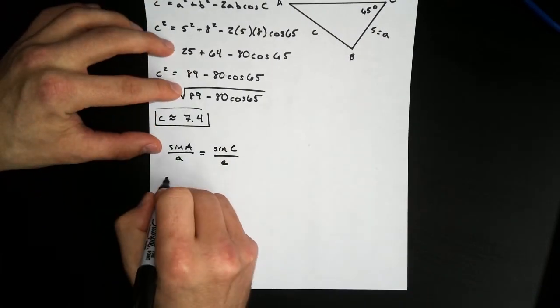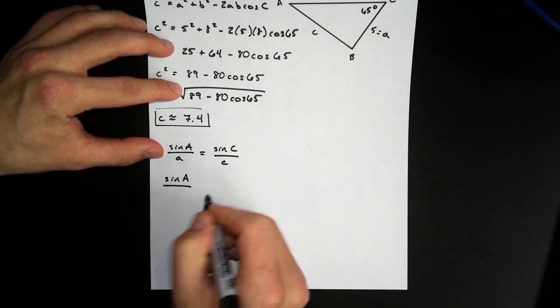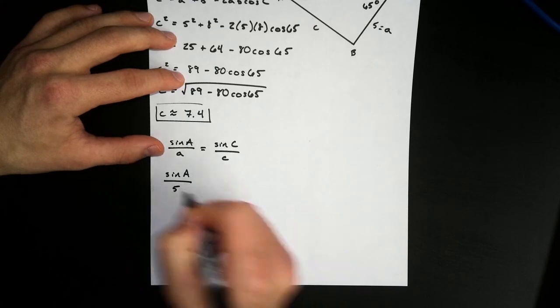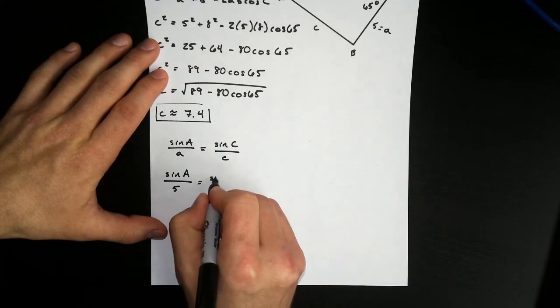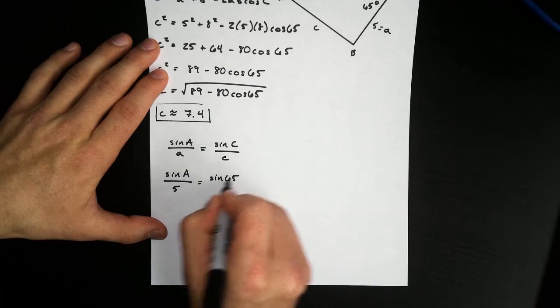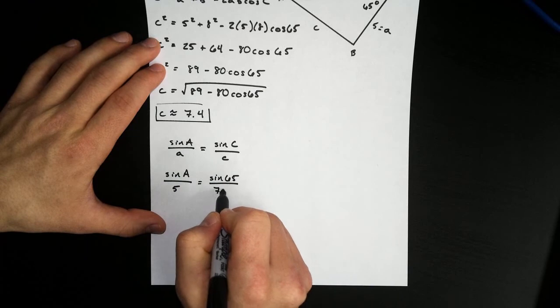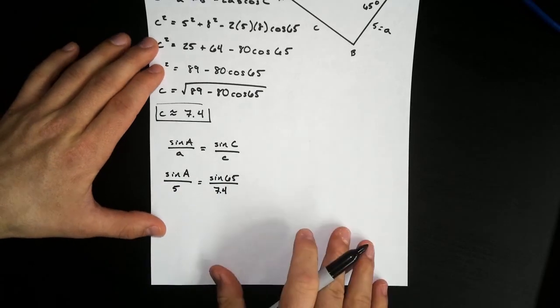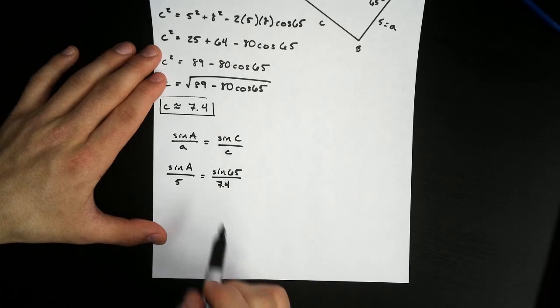So we'll use this to find the measure of angle A. The sine of A, the side across from A was 5. Then the sine of 65, and the side across from that we just found was about 7.4. I think the law of sines is a little bit easier to use.